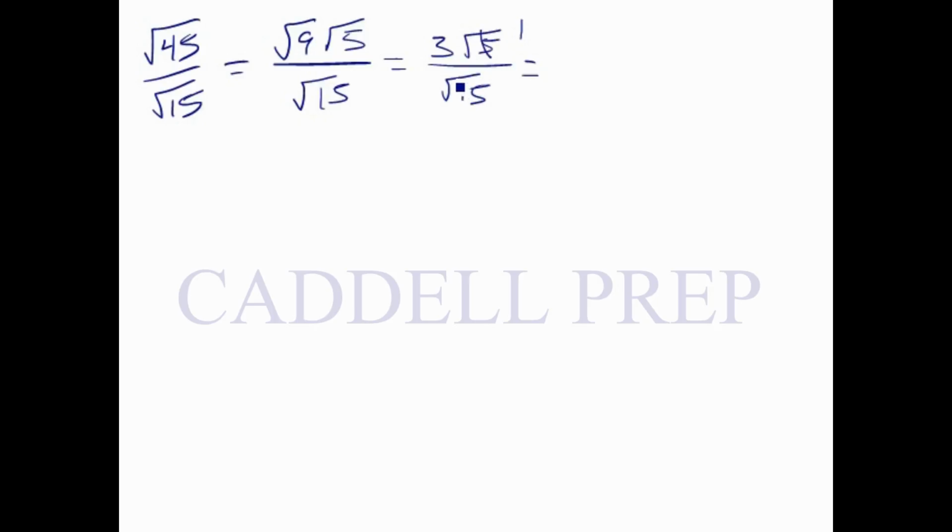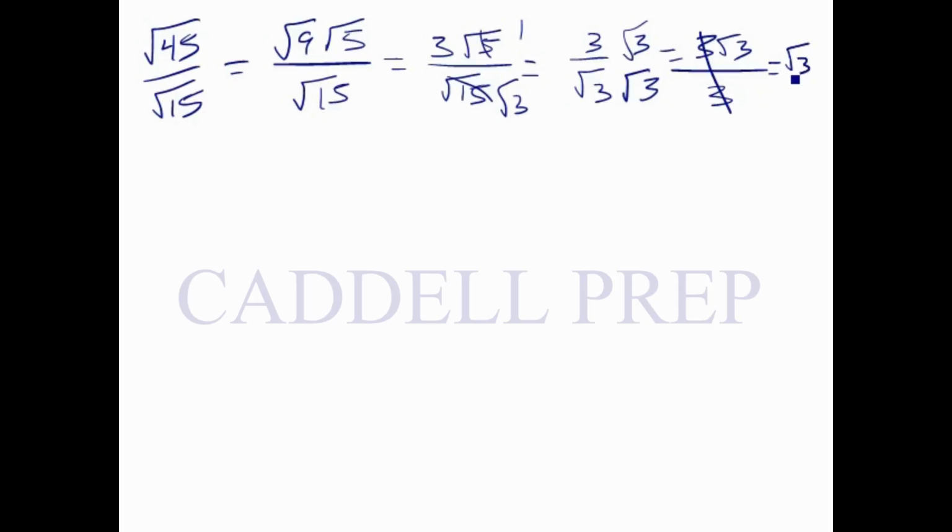This becomes a 1, and this becomes a radical 3. So now you have 3 over radical 3. Now we don't want this radical in the denominator. We have to rationalize it. So let's multiply the denominator and the numerator by radical 3. We get 3 radical 3 on top. Then radical 3 times radical 3 is 3, which cancels, and we're left with radical 3.